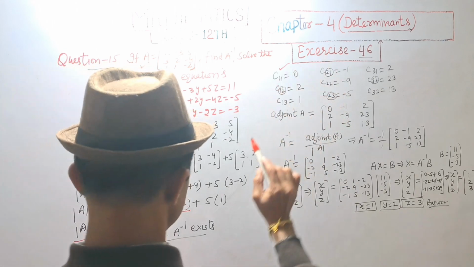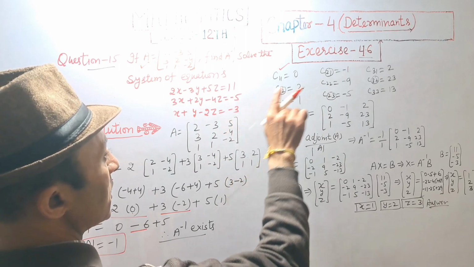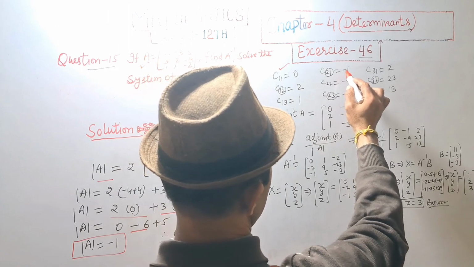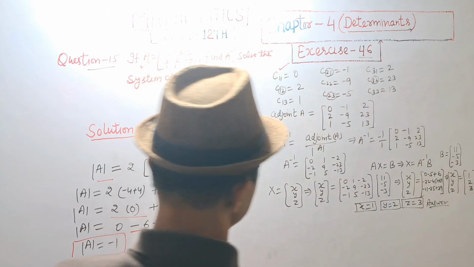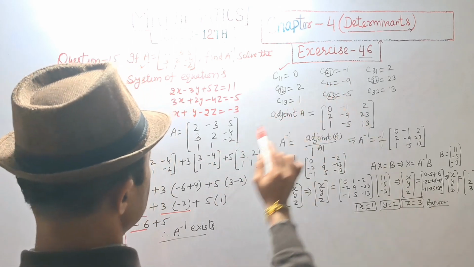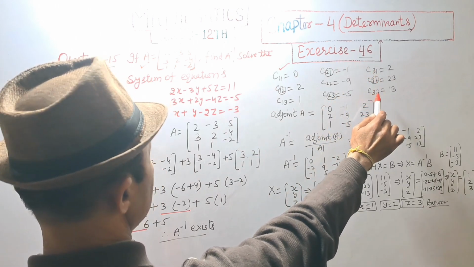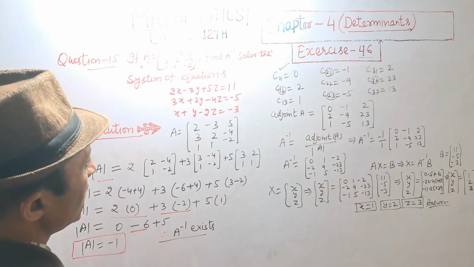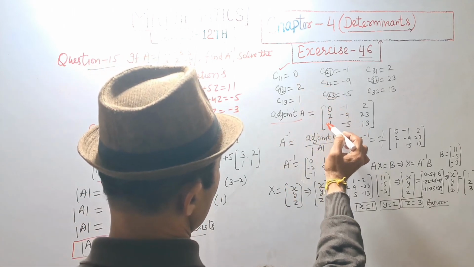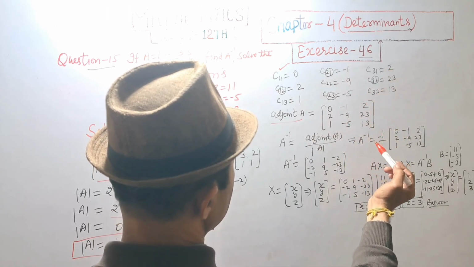And C21, 2 1, 3 2s are positive 6 minus 5 that is 1, but 2 plus 1 is 3, negative, sign multiply by 1 that will be -1, and C22 is -9, C23 is -5. Similarly, C31, C32, C33 is equal to 2, 23 and 13. Adjoint A is 0 2 1, -1 -9 -5 and 2 23 and 13.